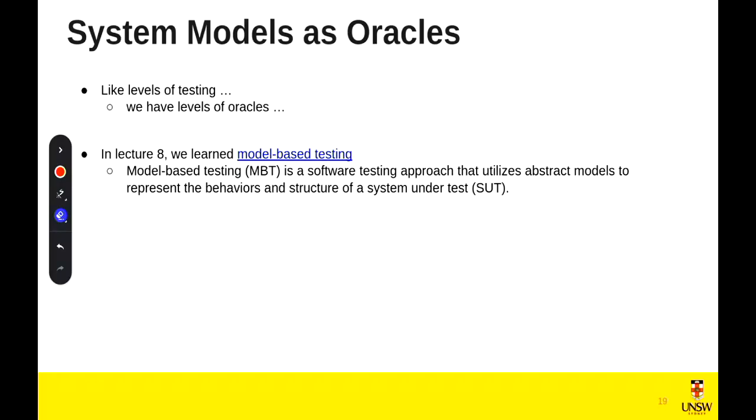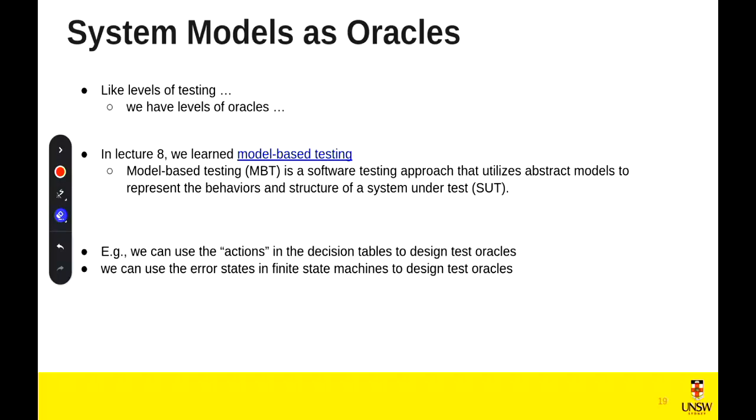And this is a link you can click on, and it will lead you to the slides related to model-based testing. And in model-based testing, we learn about different models that could be used to describe the system under test. And those models used to derive test cases could also be used to derive test oracles.